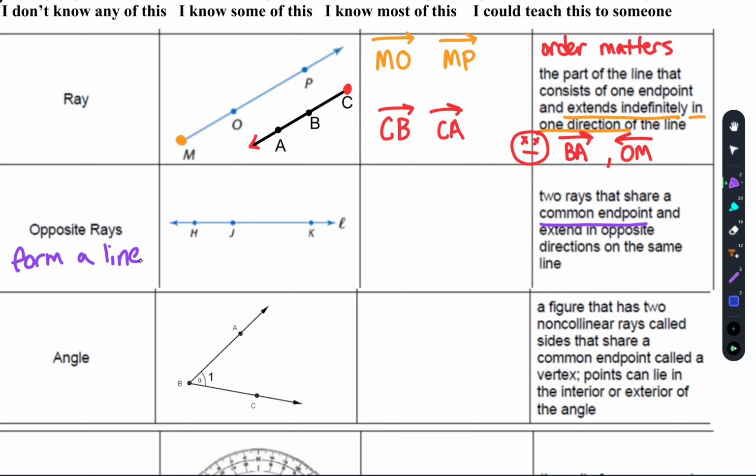So I could go ahead and say that they share the endpoint J. And I have two rays extending out opposite directions from J. I have JH and I have JK, and those are opposite rays. Questions there?